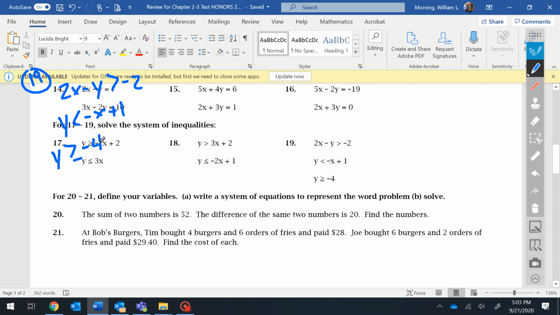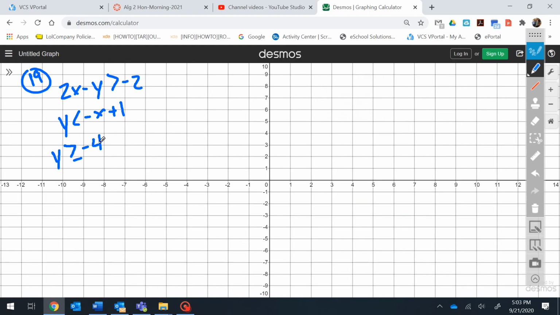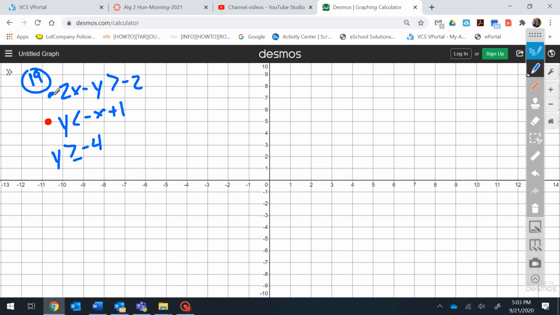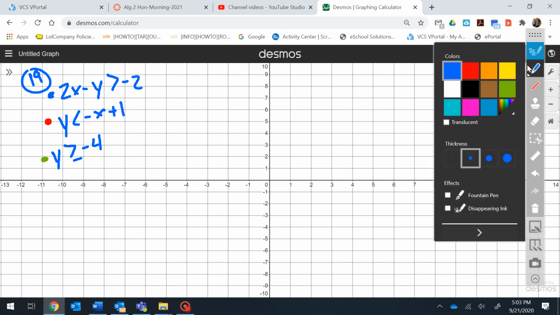Got a lot of equations here. Alright, this is pretty much the bad boy of all the problems. I'm going to mark these so I can do them in different colors. Blue, red, and then the last one I will do in green. Gonna have a lot of stuff looking for overlap here.